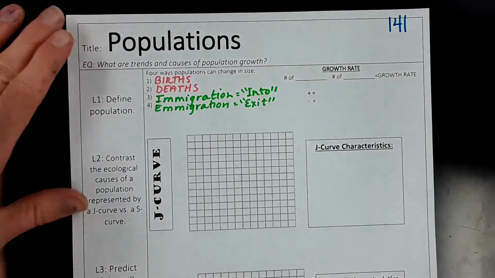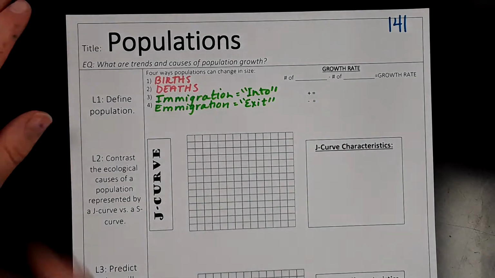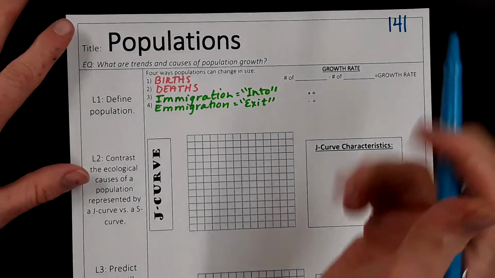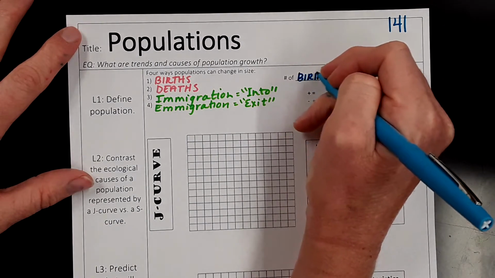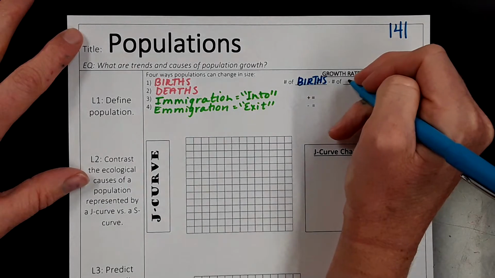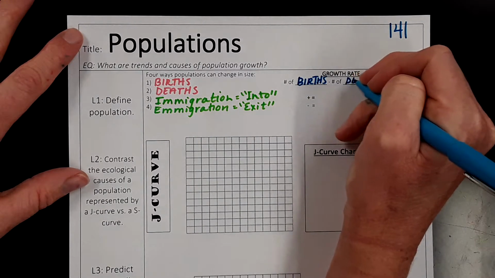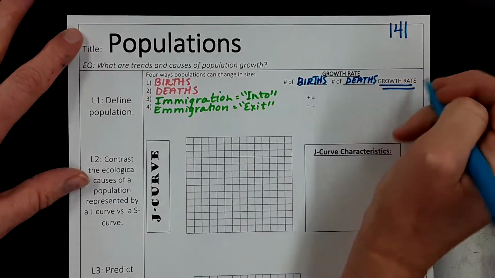So they are leaving the population. How we get a growth rate for the population overall is by calculating the number of births and individuals moving into an area minus the number of individuals that are dying or leaving an area. And that will give us a growth rate.